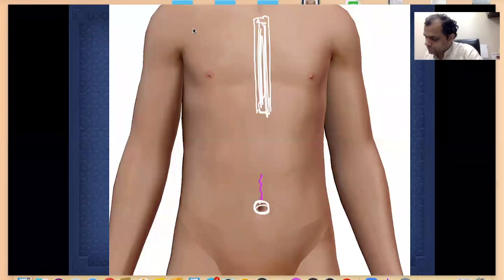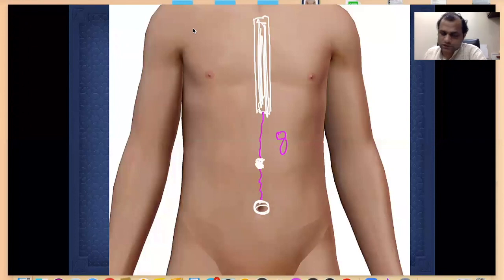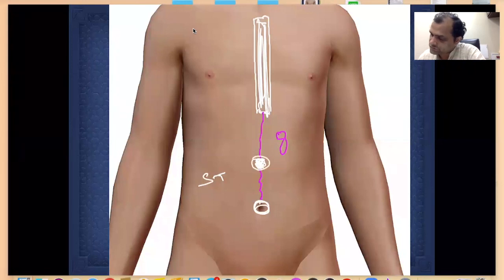The distance between these two parts is 8 chun, that we know. If in between we take one point, that point is very famous for all stomach related problems. So this is a very good point for the stomach.